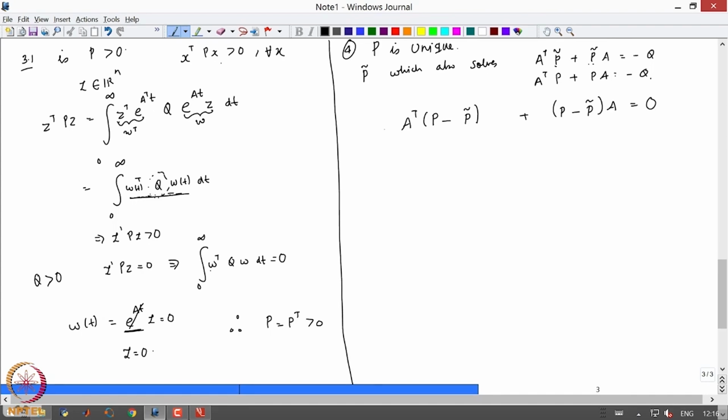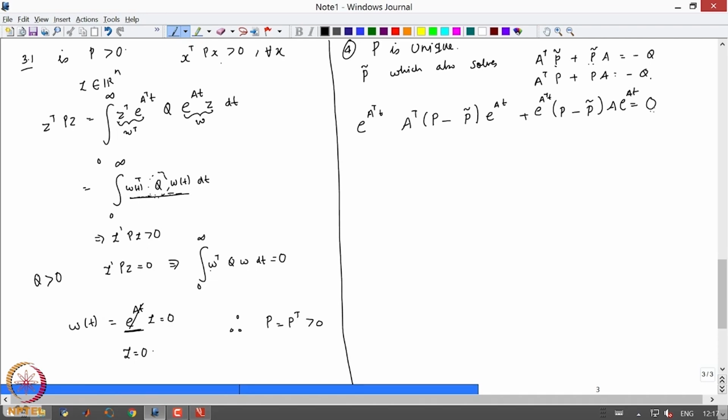Okay, so let me just do a little trick here. I multiply this on the left by e power A transpose t, and on the right by e power A t. Similarly here. This will still be 0; the right hand side will not change.